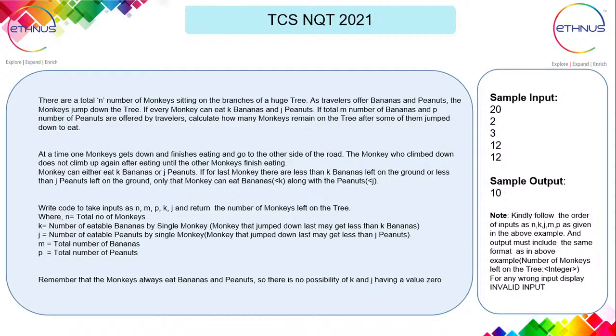In this question, they say there are n number of monkeys sitting in branches of a huge tree. Let me just draw it for you. So here there is a road, and there are n monkeys. And here there are tourists.